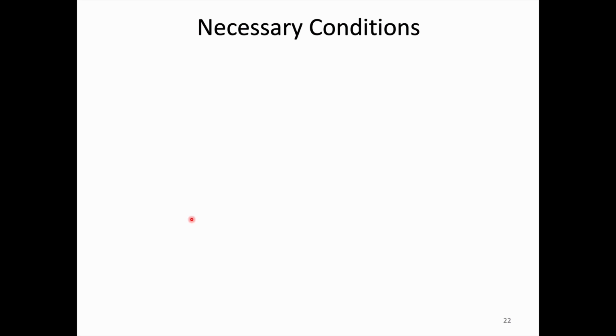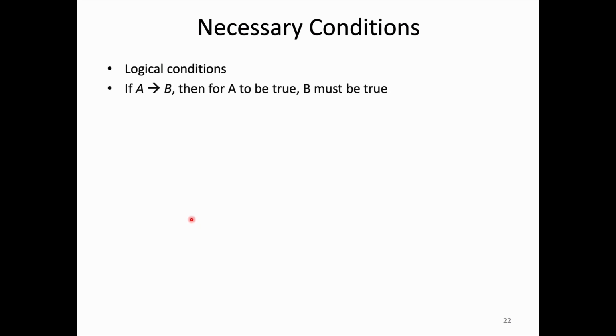Let's talk about necessary conditions from the perspective of logic. These are logical conditions. Essentially, if A is true, then B must be true. This is what we refer to as a necessary condition. So for A to be true, B must be true. Or in other words, the truth of B is necessary for the truth of A. If A is true, then B is always true.